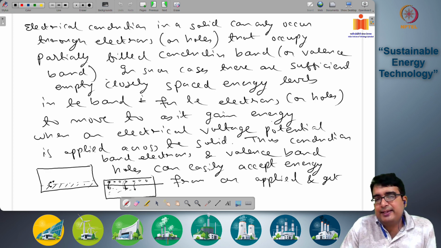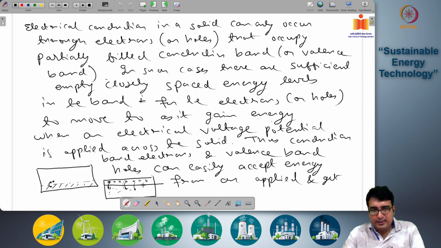Remember that holes are basically imaginary spaces. It is the electrons that are being promoted and the holes are therefore going down. So the flow of holes in the valence band is similar to the flow of electrons in the conduction band. Once these electrons get elevated, they become free electrons, which are very loosely tied to the atoms and hence can flow with the potential gradient applied across that substance.